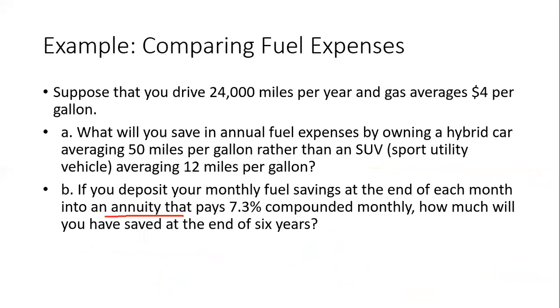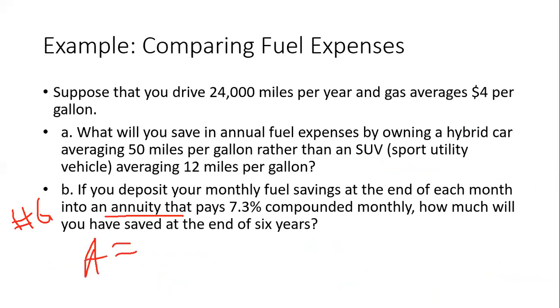I want to know what formula I'm dealing with. Annuities, that was back in section 8.5. The annuity is going to be number 6 on our formula sheet. It's the value of an annuity. So we'll use that formula.